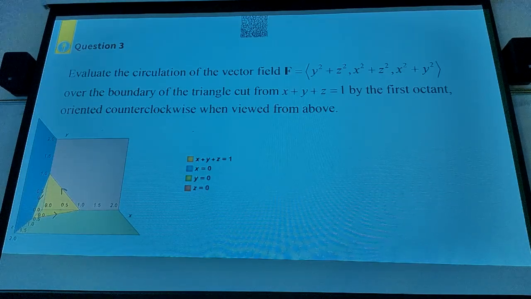So that's the direction we're going. Since we have a positive orientation, we can use Stokes' theorem.